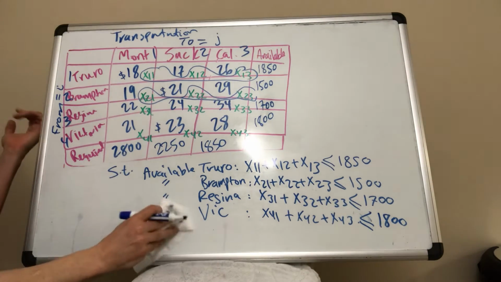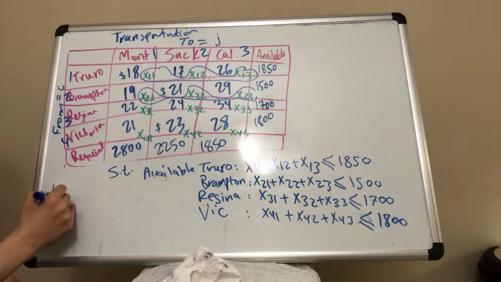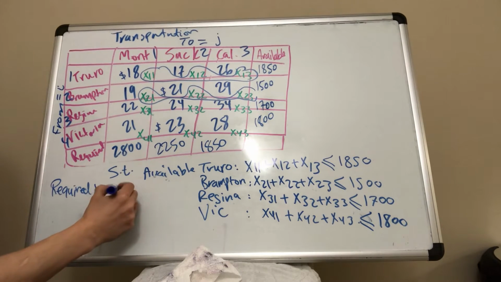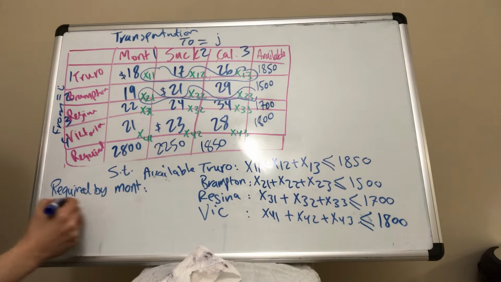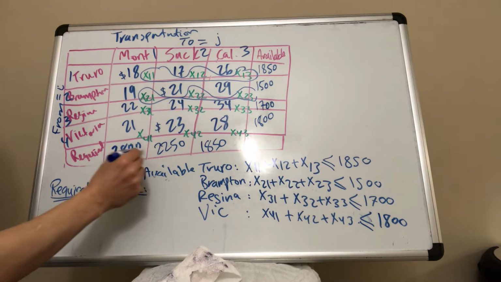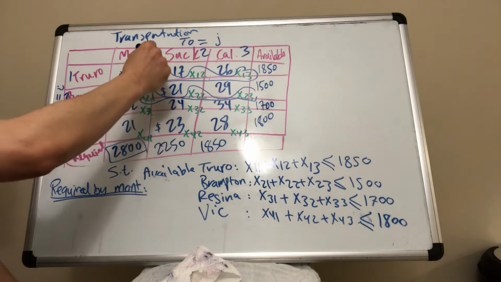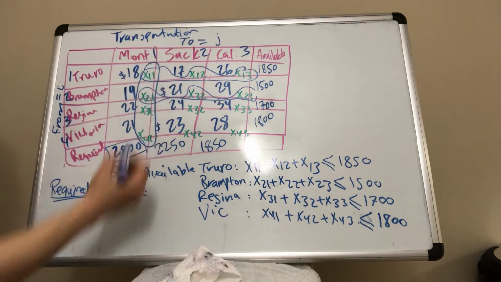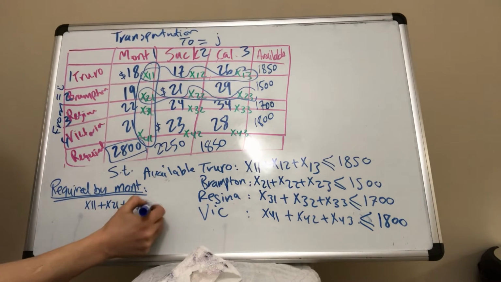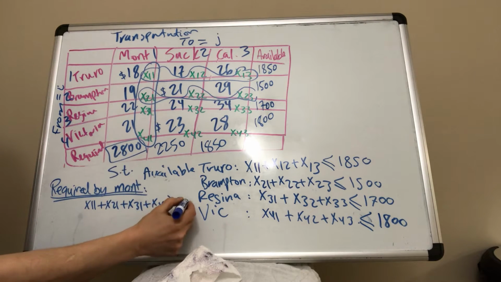Now, doing the same analysis, but for the requirement. Required by Montreal. So required by Montreal, they need 2,800. You ask yourself, going to Montreal, what do we have going to Montreal? We have X11, 21, 31, 41 going to Montreal. They need this. We need to satisfy what they need.